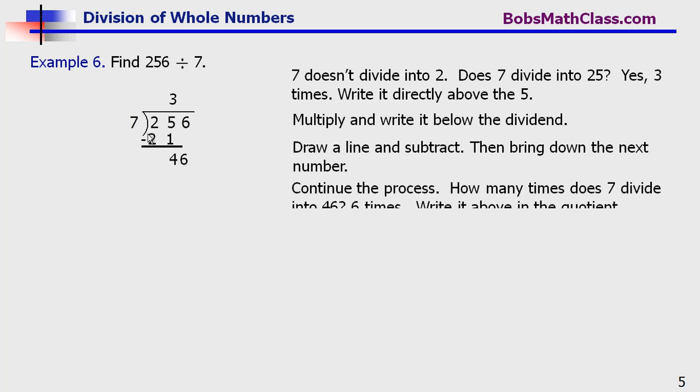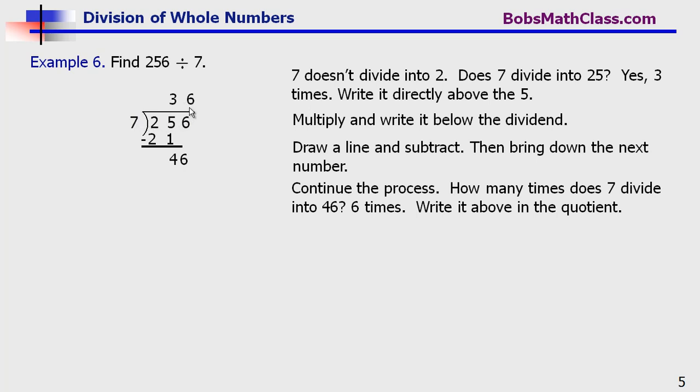Then we do it again. Continue the process. How many times does 7 divide into 46? We want to get as close to it without going over. It's going to go 6 times, because 7 times 7 would be 49. That would be too much. So the closest we could get to it is 6. So we're going to put a 6 after the 3.